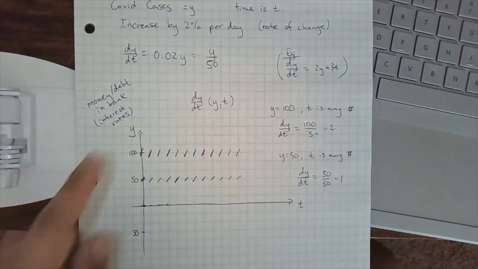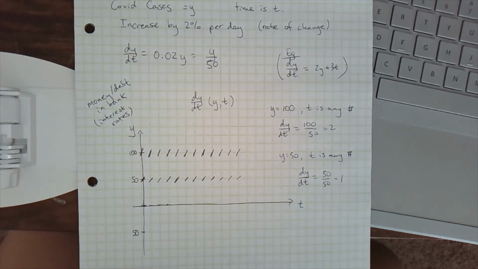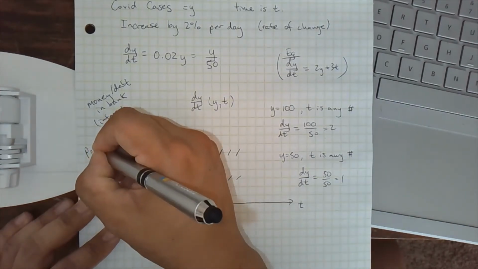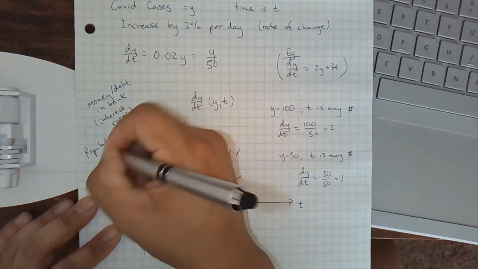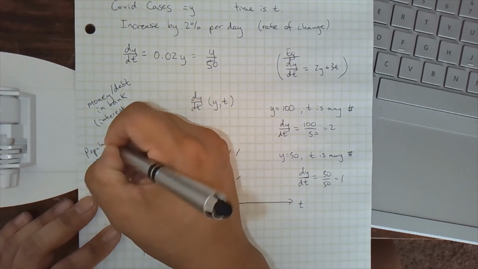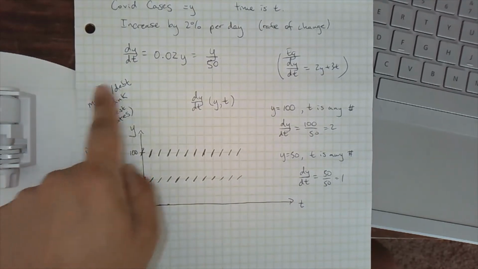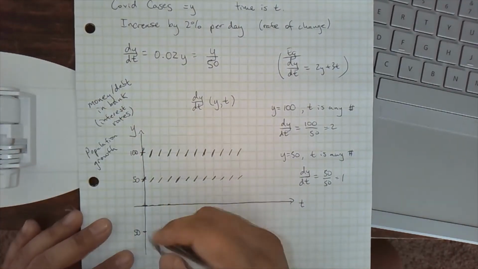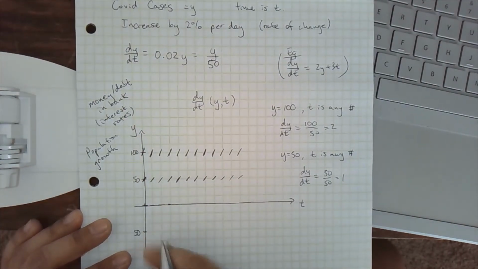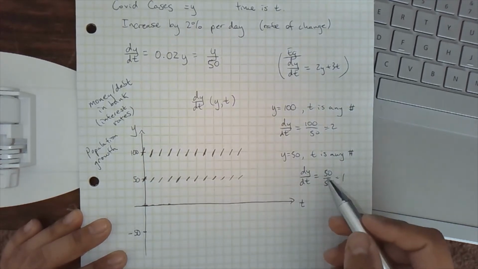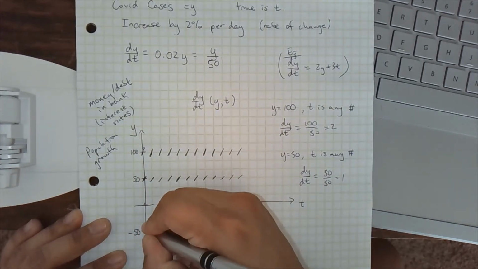In the bank, certainly your interest rates make you go more into debt, or population growth. That I suppose you can't have negative people either. So far this is the only one that allows for negative, but let's draw this in. So y is negative 50, we'd have negative 50 over 50 as a slope of negative 1.